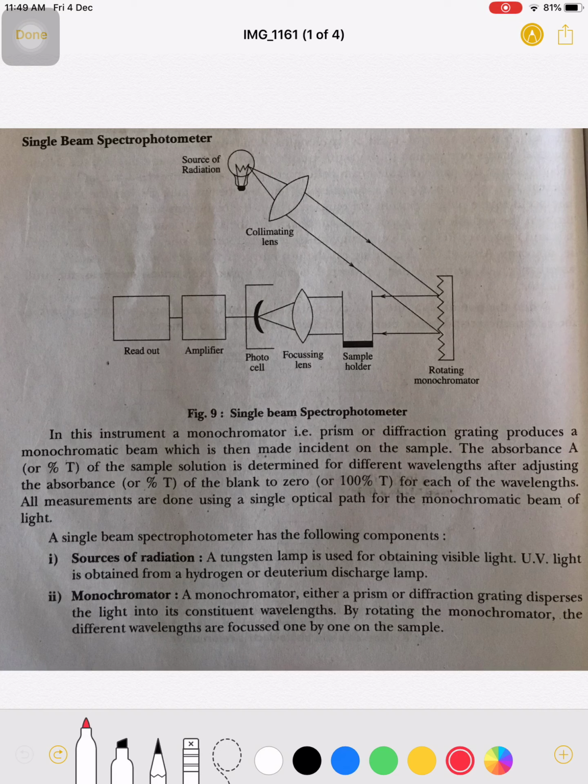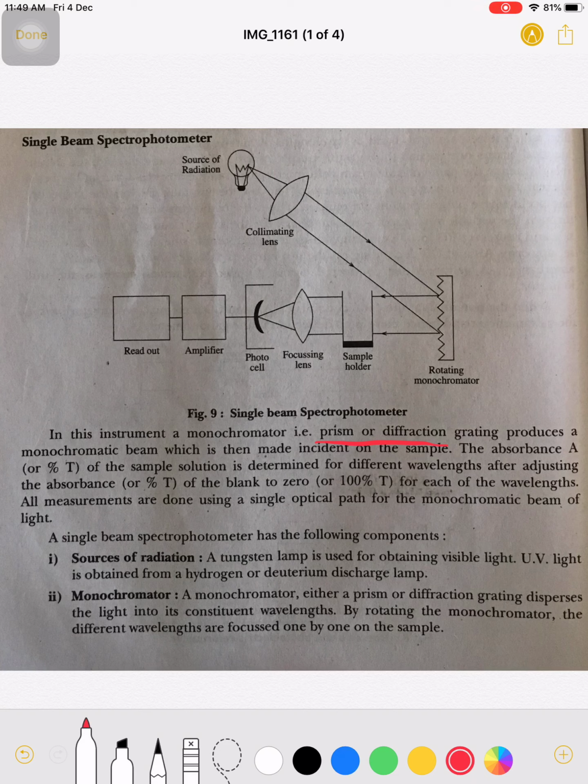But in this case a rotating monochromator is used, that is prism or diffraction grating is used as a monochromator, and this prism or diffraction grating produces a monochromatic beam which is then made incident on the sample.